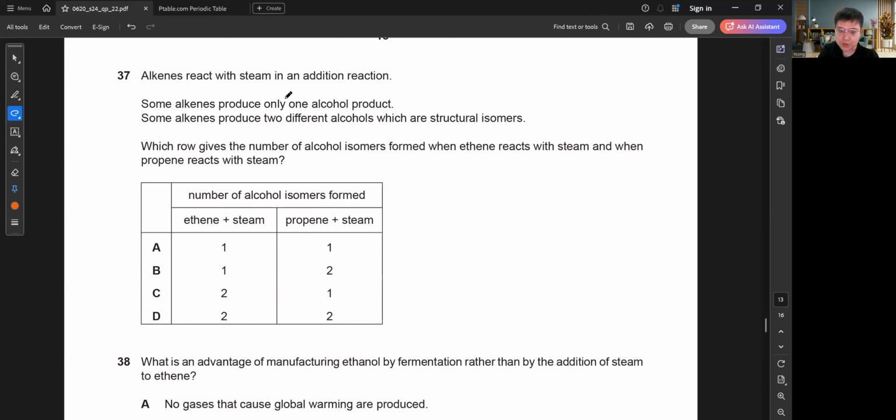Okay, all right, so let's see what they want. Which row gives the number of alcohol isomers formed when ethene reacts with steam and when propene reacts with steam? The isomers. Ah, I see.